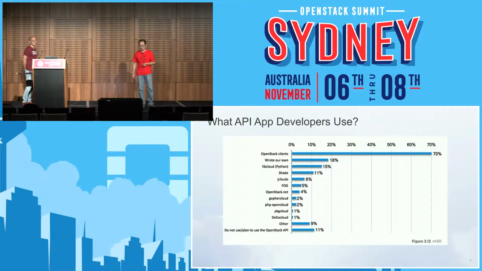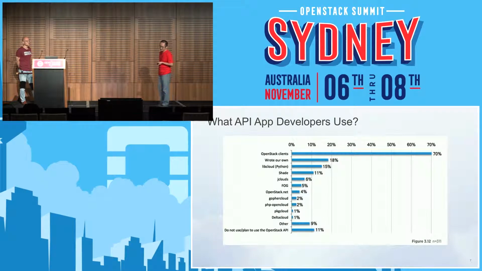This picture is also from the user survey data, and it is about OpenStack SDK usage. We can see the most popular API support for applications is still the OpenStack clients.